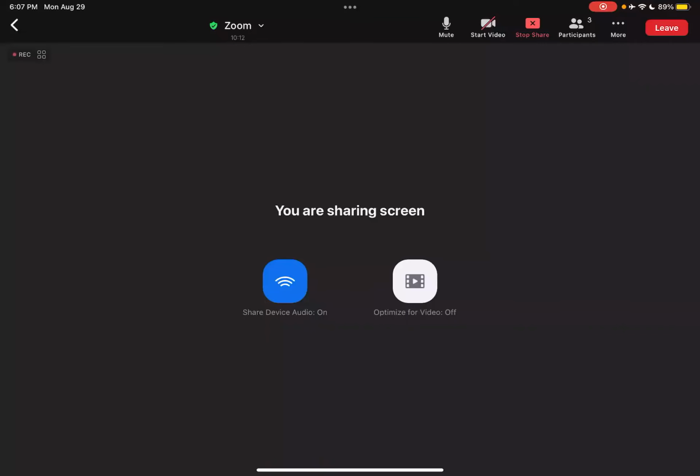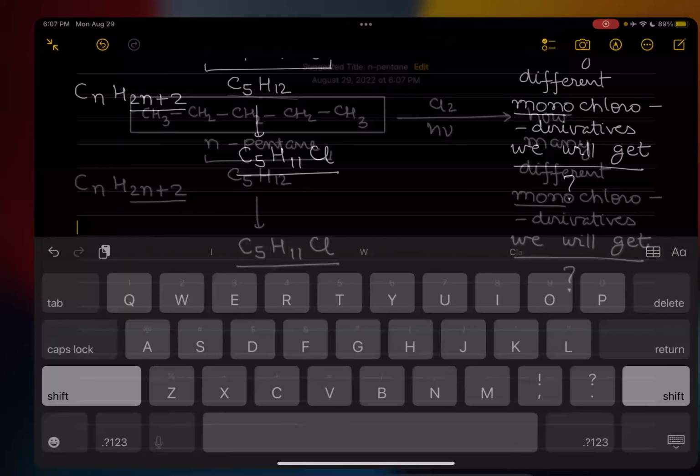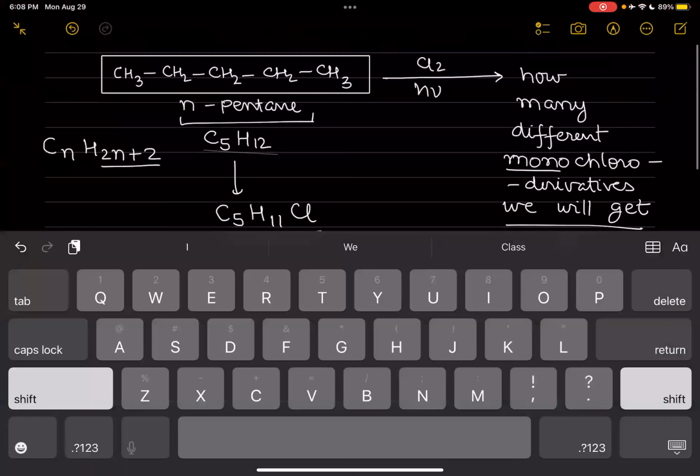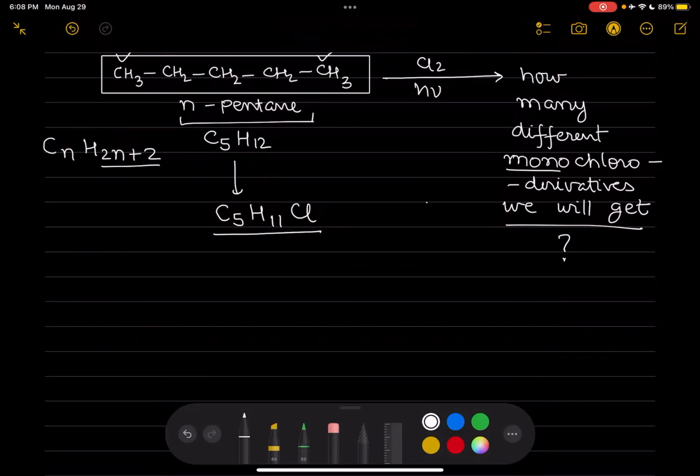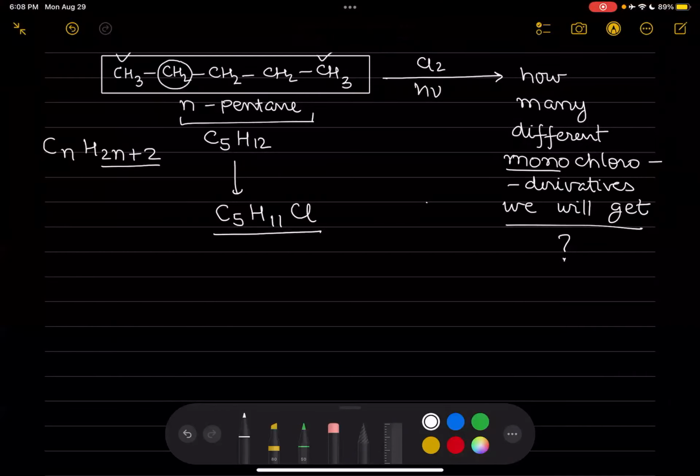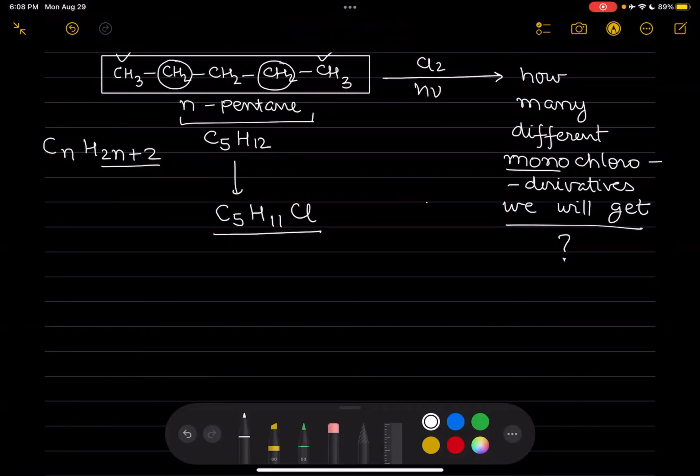Though there are 5 carbon atoms, how many different carbon atoms are there? This carbon and this carbon are the same, CH3, CH3. And these two are also the same, because they are at the second position from either the right-hand side or the left-hand side.